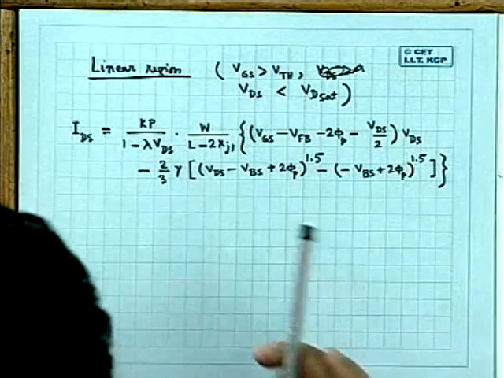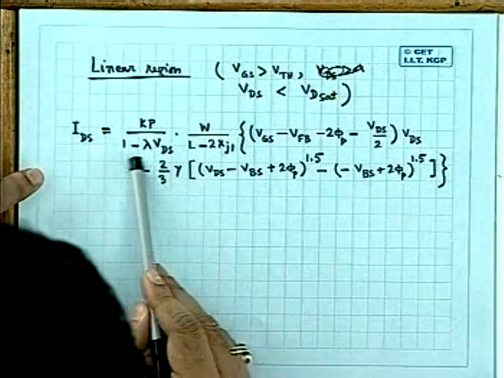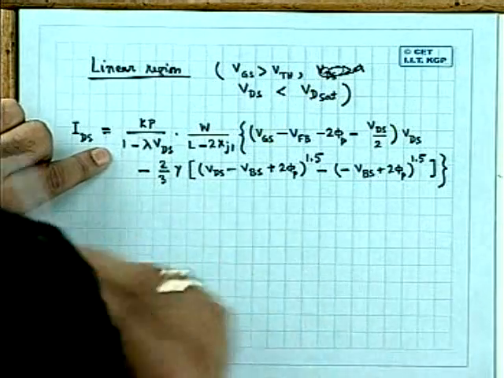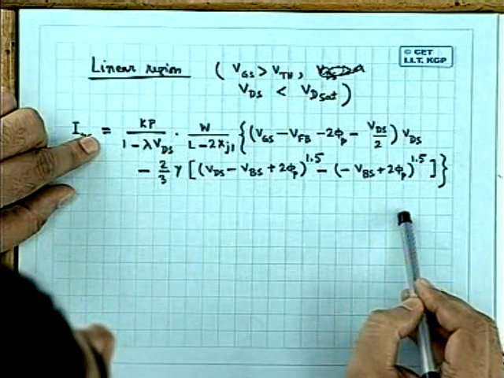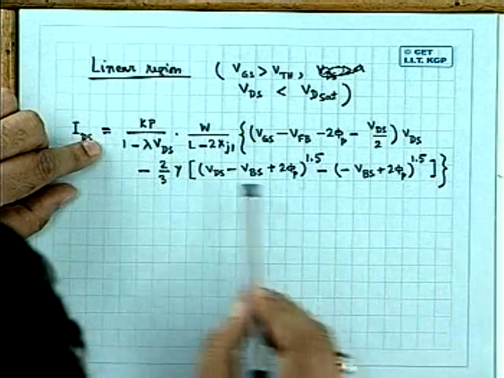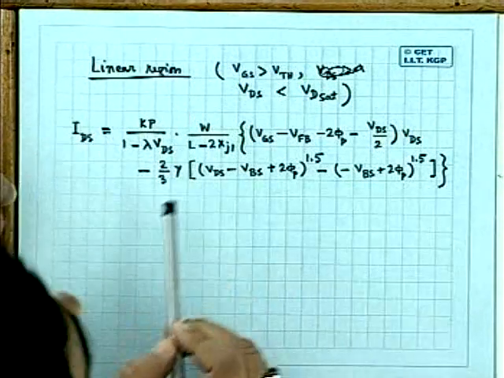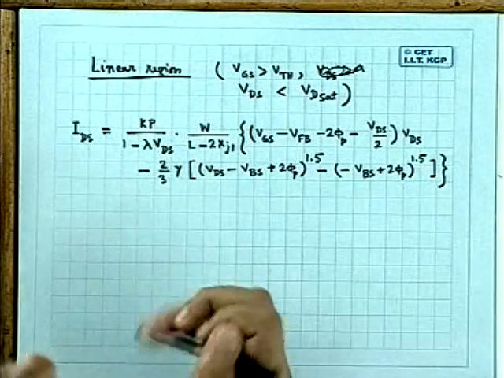However, this term, which was earlier written as a multiplier in level 1, the whole thing multiplied by 1 plus lambda VDS. But now, instead of that, they have preferred to write in the denominator 1 minus lambda VDS.